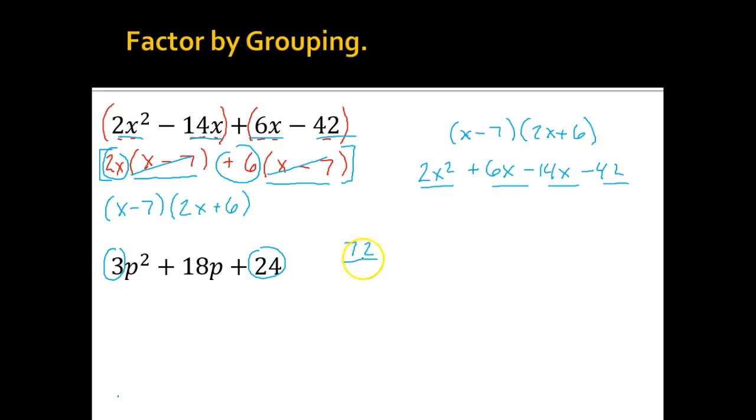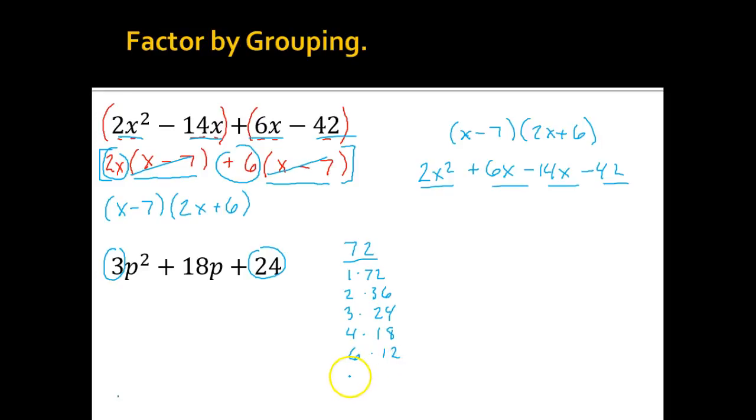And then we do that process we've been doing with the other method of taking 72 and just writing out its factors. 72 is 1 times 72, 2 times 36, 3 times 24, 4 times 18, 5, no, 5 doesn't work, 6 will work, 6 times 12.